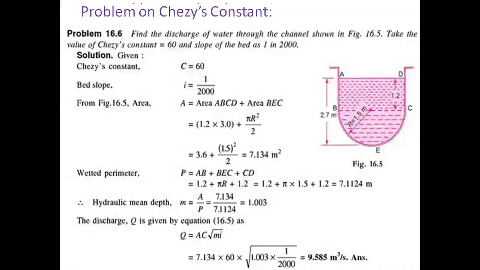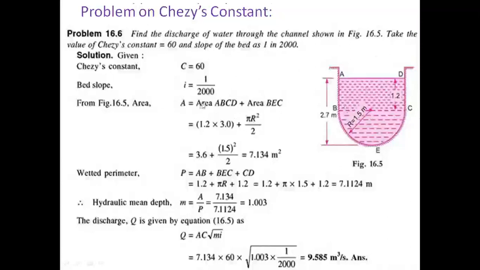We need to find that value using the Chezy constant value. For this problem, the Chezy constant 60 is already given, and the bed slope of the channel 1 by 2000 is given. Using these, we find the discharge of this channel.